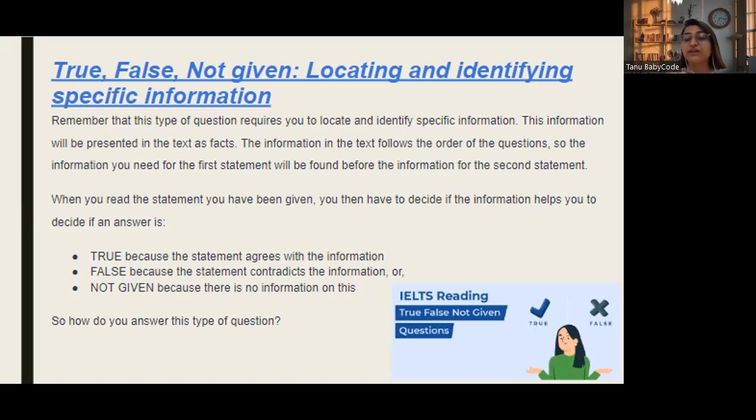But if the statement contradicts the information, or is the opposite of the information, then it is called false. And not given means there is no information on that statement. Neither does the statement contradict, nor does it agree. Then it is said to be not given.